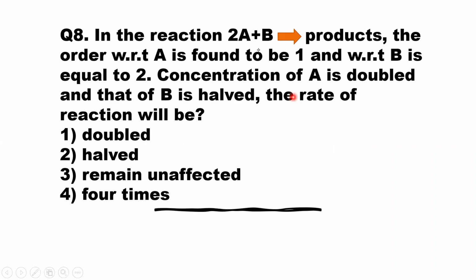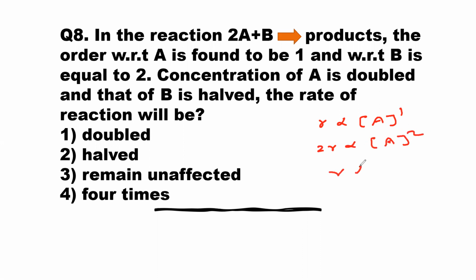You can solve this question like this also. For example, consider R is proportional to concentration of A to the power 1. If A is doubled, automatically R becomes doubled. So 2R is proportional to 2A.